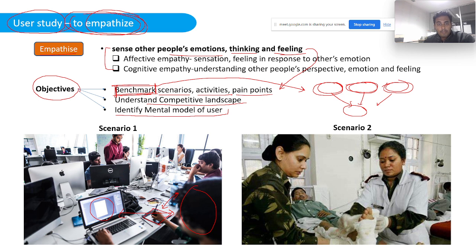So if these are the pain points, or this is the scenario description you collect from a user study, in another scenario this kind of setup may be different. If this is an office from a company like Samsung, and you visit another company like some Tata group company, probably there you will find a different scenario.